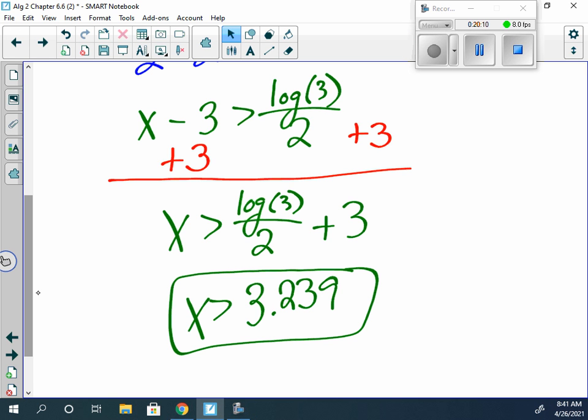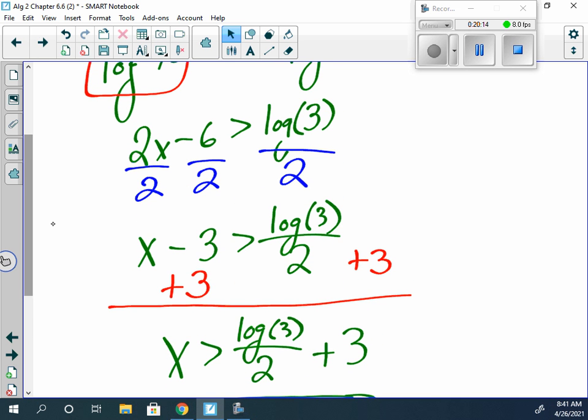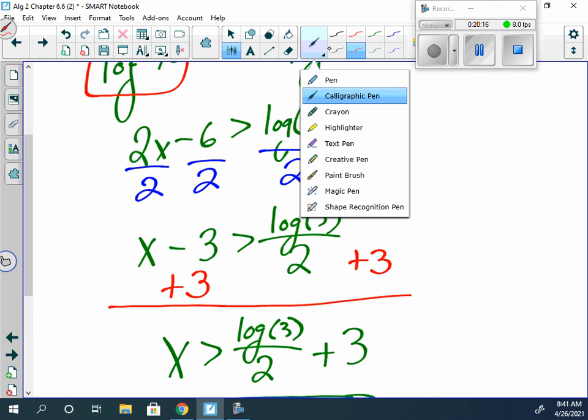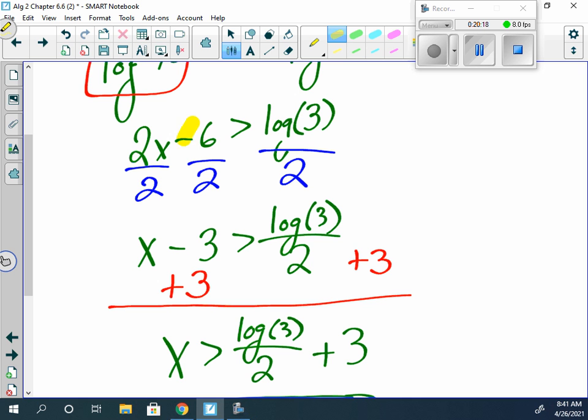The reason I'm hesitant to use this is especially when log of whatever is not going to be divisible by 2. It just doesn't work. Because it can be, but we'd have to rewrite it as a fraction out front and then pull it up into an exponent.